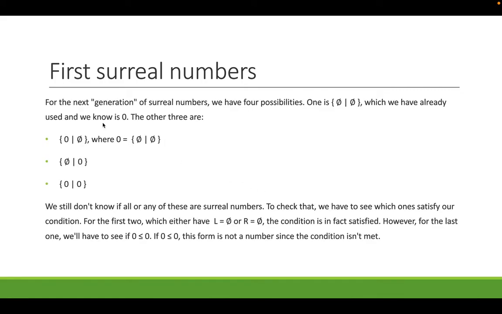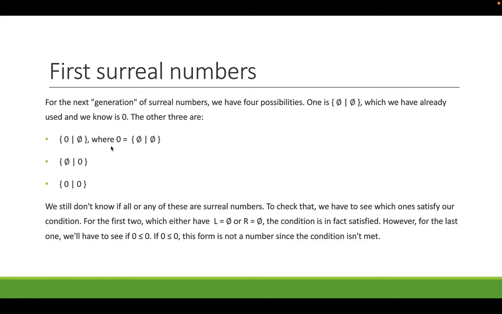But I'm just going to call them generations. For the next generation of surreal numbers, we've got 4 possibilities, right? 2 squared. One is this, but we've already used it and we called it 0.